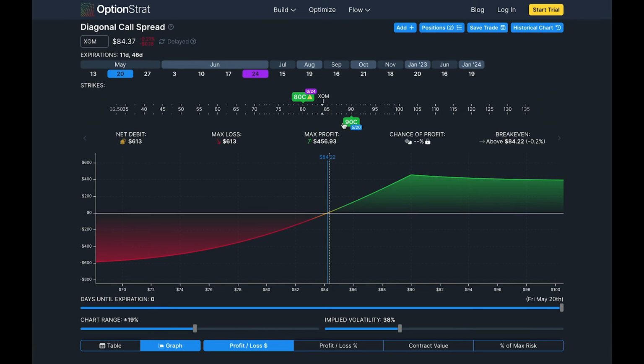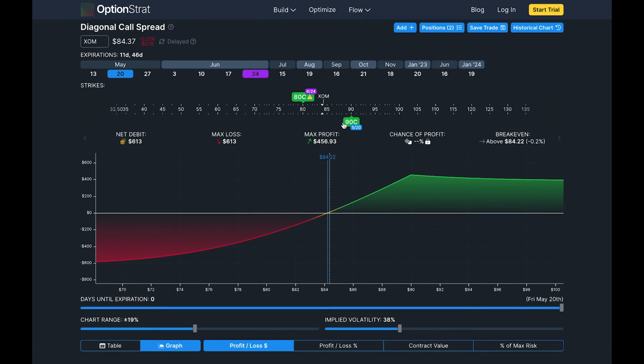So it's like a synthetic covered call. This is why it's referred to as a poor man's covered call when you use a LEAPS option, because your LEAPS option is the replacement for your stock, and you're selling calls against that long call position instead of selling calls against 100 shares of that particular stock.